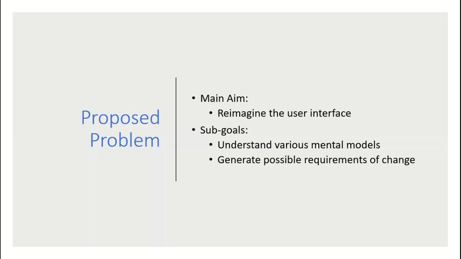So our sub-goal was to understand various mental models of the students and generate the possible requirements of change. The task as a whole makes the user interact with a large part of the portal's interface. The user has to search for suitable awards, sort, filter, or match presented awards based on his own profile, and lastly apply for the awards through the portal.